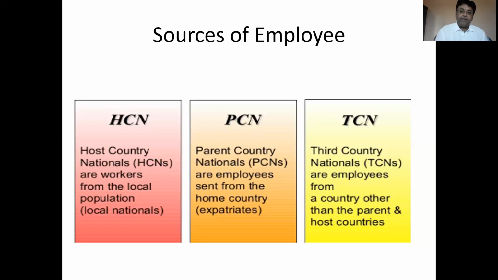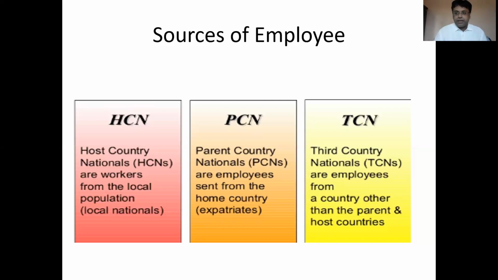Now, say for example, in the US Infosys office, one Japanese employee is working. Of course, he is from Japan. He is not a US citizen. He is not an Indian citizen. He is from a third country. That is why this Japanese employee working in the Infosys US office is called a third country national.